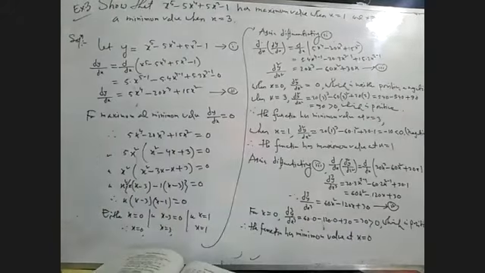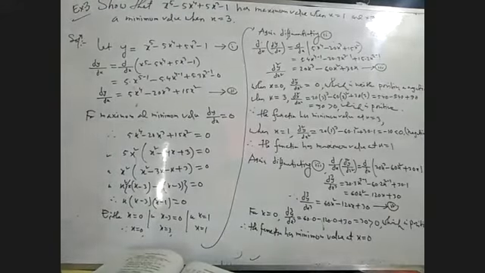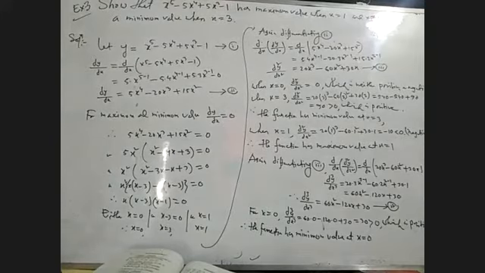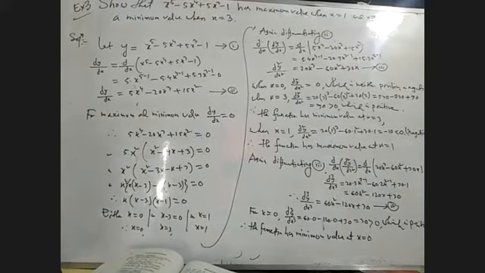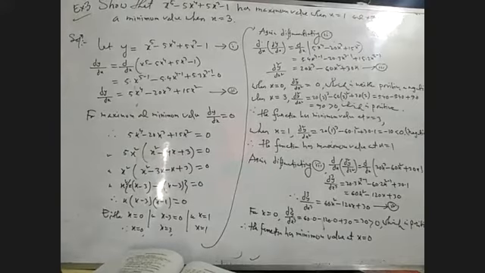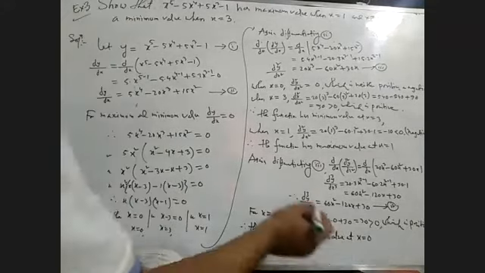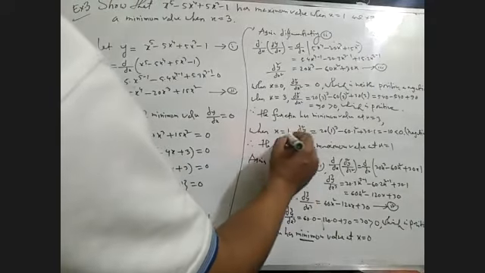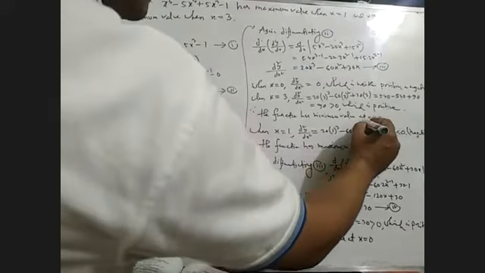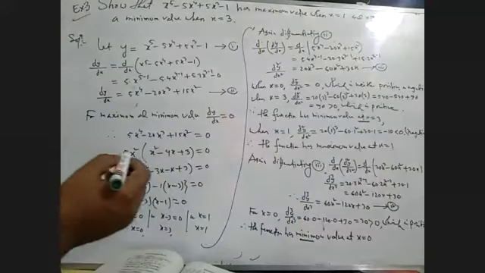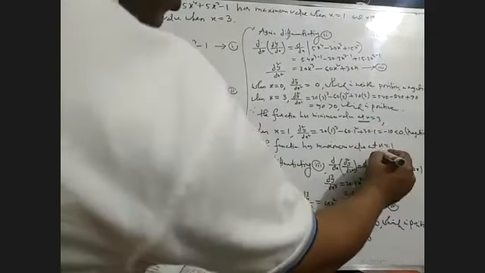That means we get a minimum value for x equals 0 and another minimum value for x equals 3, and a maximum value at x equals 1.